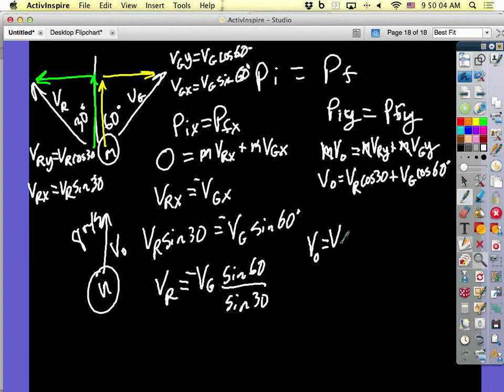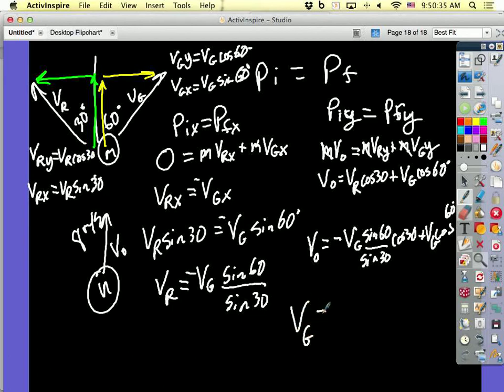So if we plug that in, we get negative VG sine 60 over sine 30 times cos 30, plus VG cos 60. Okay, and now we know all these numbers, I can just factor it out.